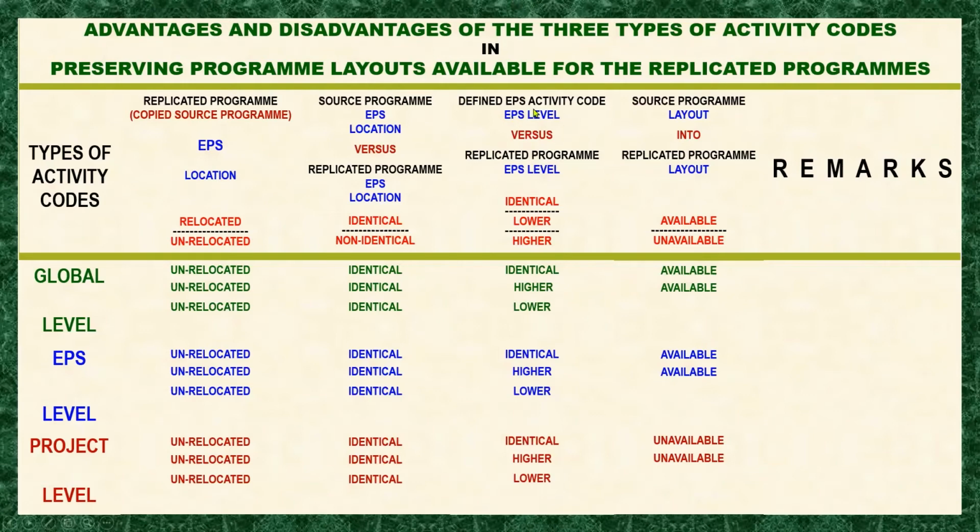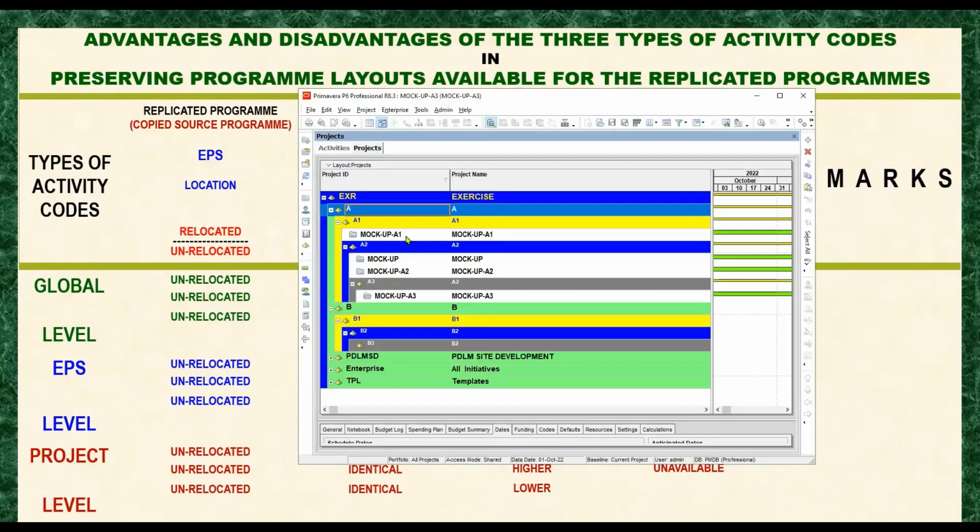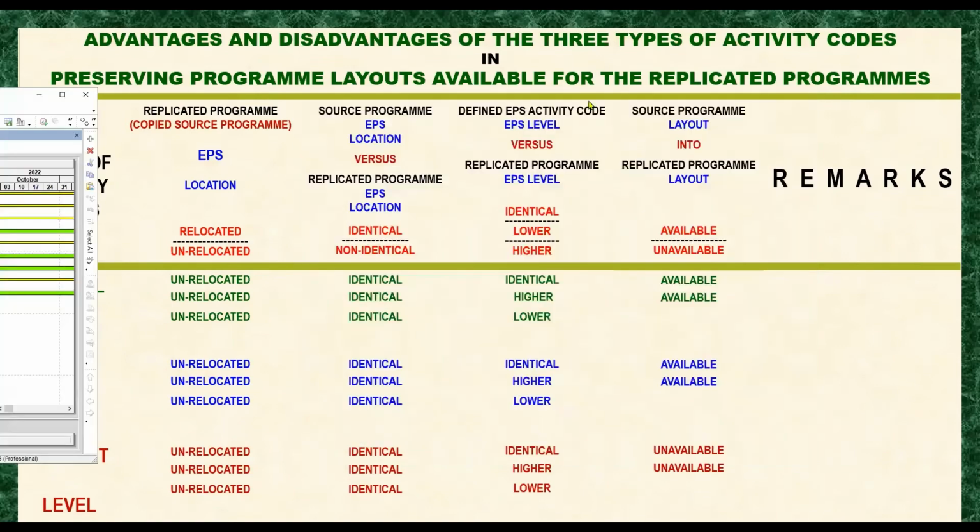It is because the defined EPS activity code was located on the A2 level of EPS A, while the replicated program is located on the A1 level of EPS A. That means the defined EPS activity code's EPS level is lower than the level of the replicated copy.